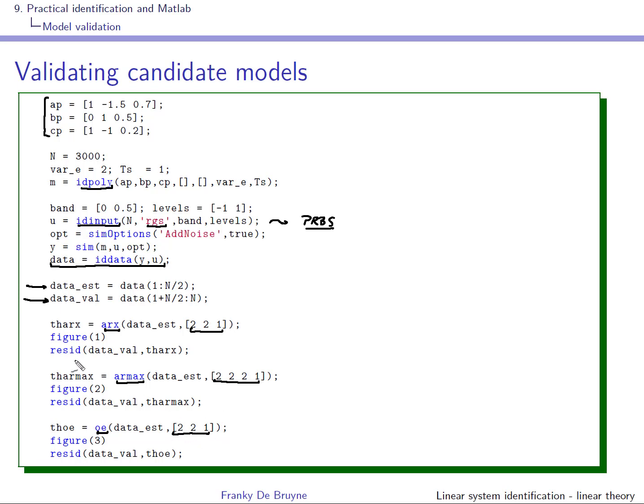And each time we do a residual analysis, and this is really the command that will give you a plot with the autocorrelation function R epsilon of tau, and with the cross correlation function based on n data.